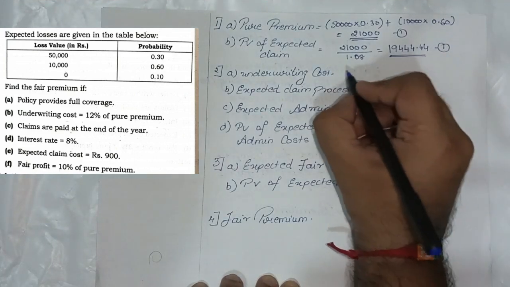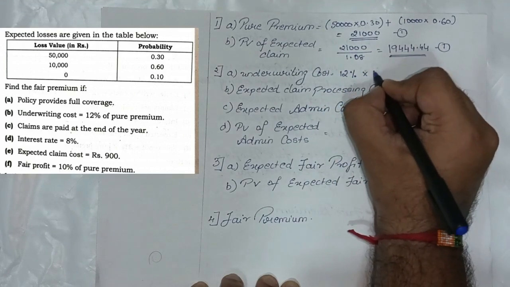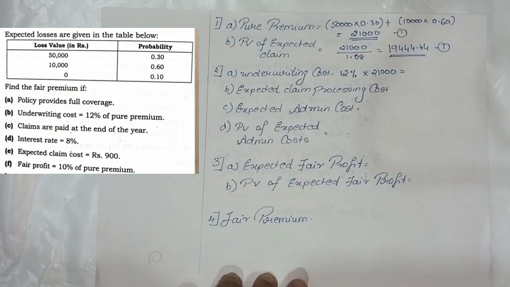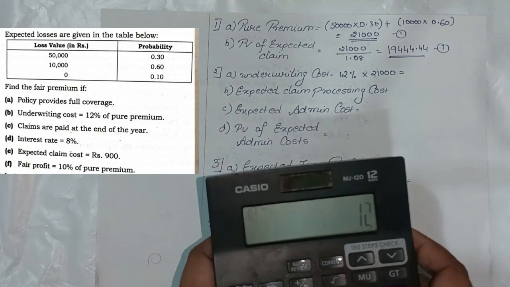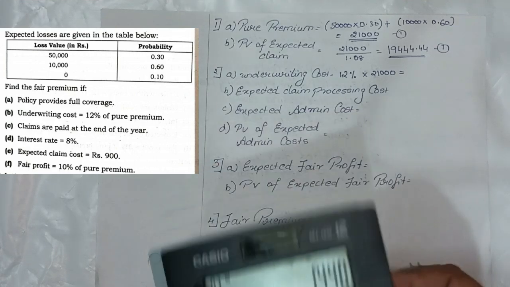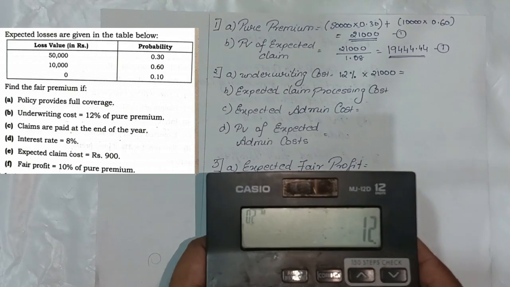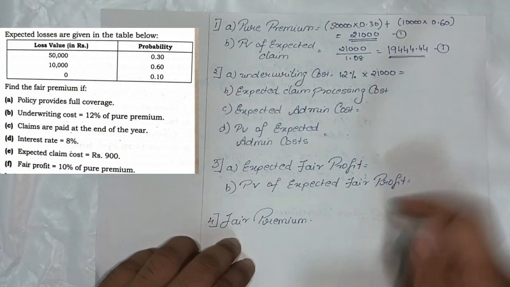Now second, we need to note down the underwriting cost. Underwriting cost, they said 12% of fair premium, so 12% into 21,000. Again on the calculator, 21,000 into 12% comes to 2,520.